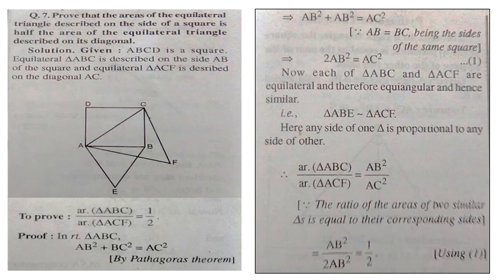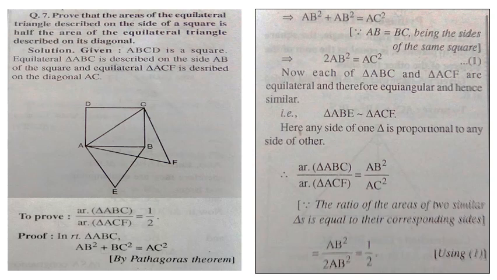Question number 7. Prove that the area of the equilateral triangle described on the side of a square is half the area of the equilateral triangle described on its diagonal. Solution. Given that ABCD is a square, equilateral triangle ABE is described on the side AB of the square and an equilateral triangle ACF is described on the diagonal AC.